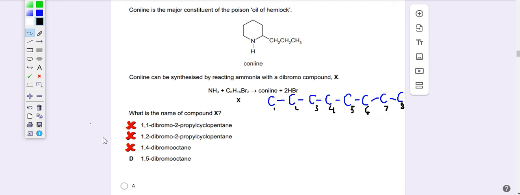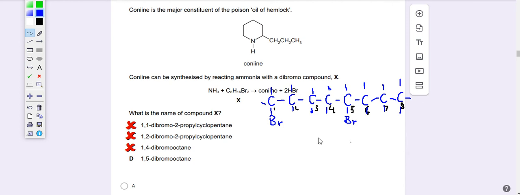This time it's 1,5-dibromooctane. Let's draw a bromine atom bonded to carbon number 1 and bonded to carbon number 5. The rest are all hydrogen. I'm going to skip the step of drawing hydrogen, so whatever I didn't draw is actually hydrogen atoms.